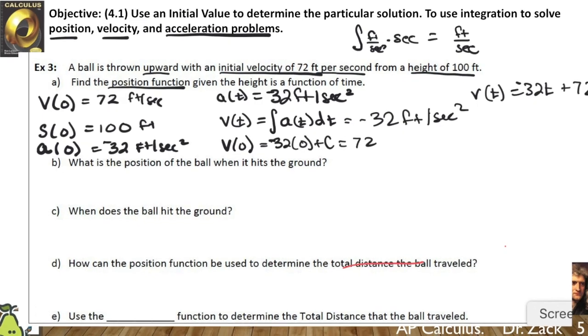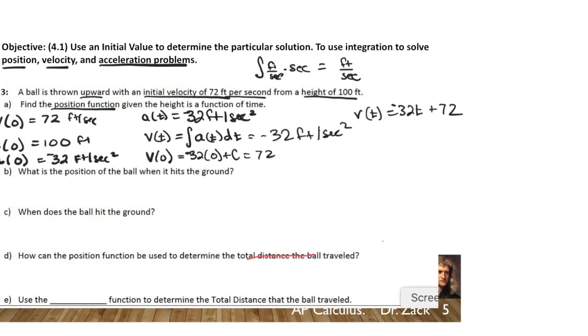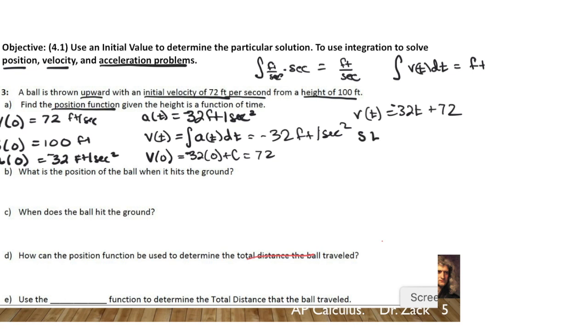All right, now we were told to find the position function. We're not there yet. But if I were to integrate velocity with respect to time, that would be the units feet per second multiplied by seconds, and that, of course, leaves us with feet. So position function is equal to the integral of your velocity function with respect to time.